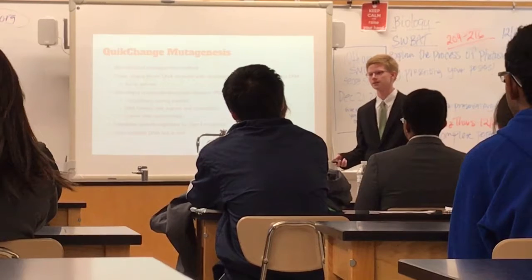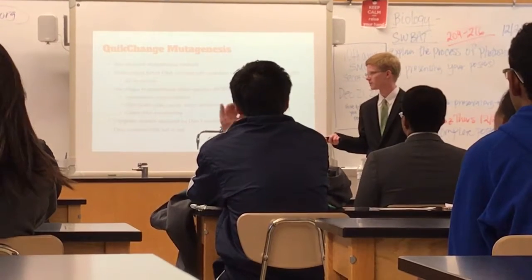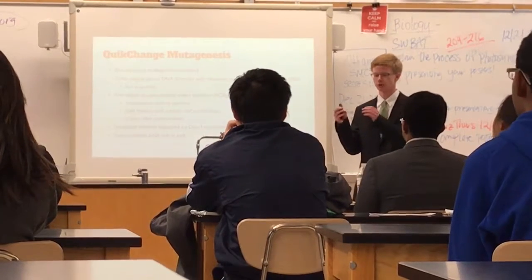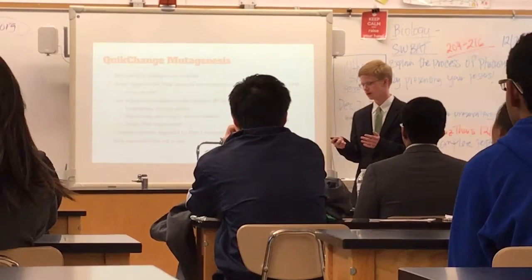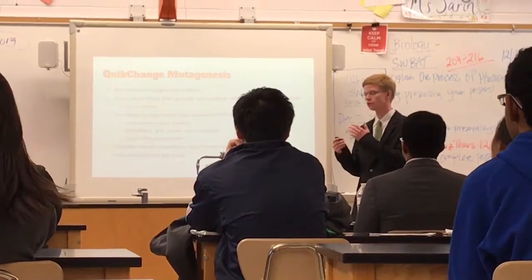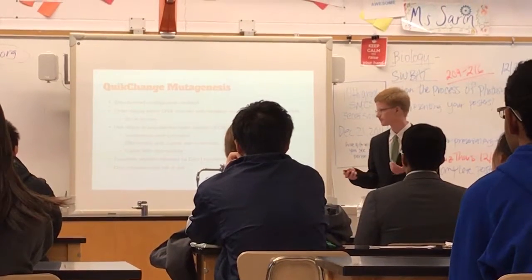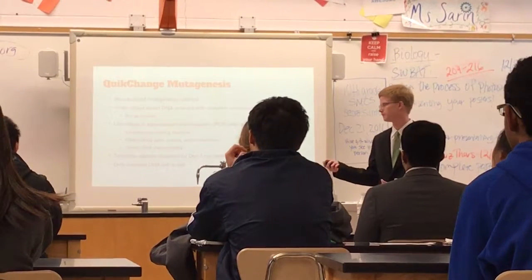It amplifies DNA exponentially. And then the template strands will then be digested by DpnI nuclease because they remain methylated. So the template strands start out methylated. It's just naturally occurring in E. coli plasmids. But the new DNA that you create is going to be unmethylated because it's just been created. So this DpnI will only target the methylated DNA.